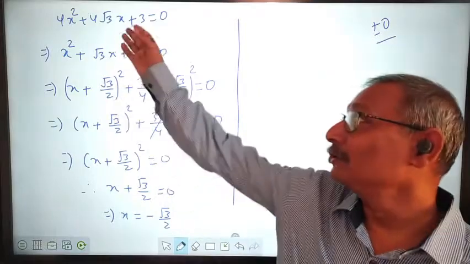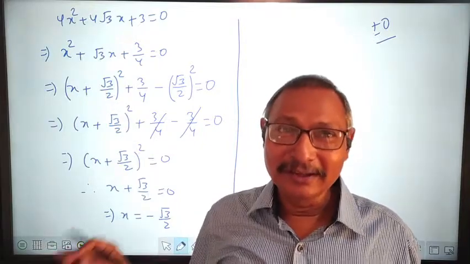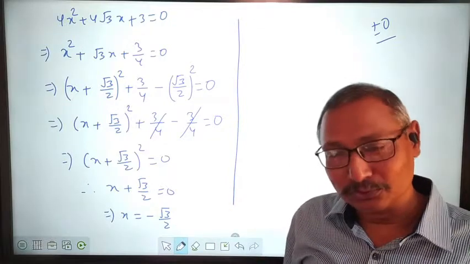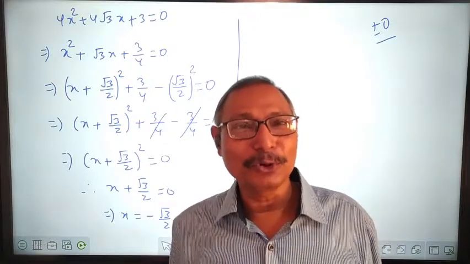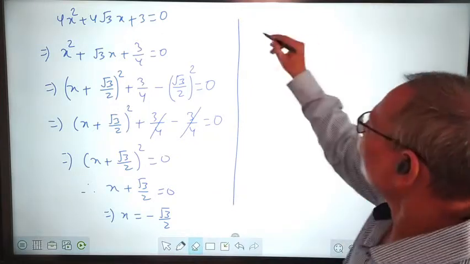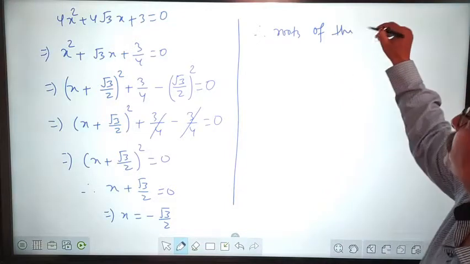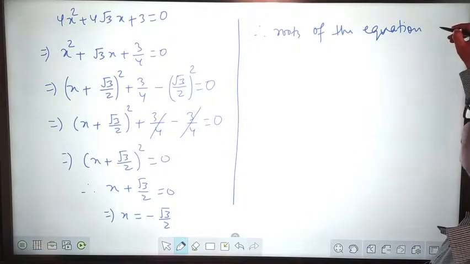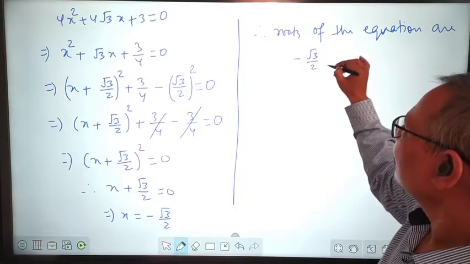So for this polynomial, if we would have taken this one as a polynomial, we would have said the two zeros are same, equal to minus root 3 by 2, and having the same idea, we write here the roots of the equation. Hence the roots of the equation are minus root 3 by 2 and minus root 3 by 2.